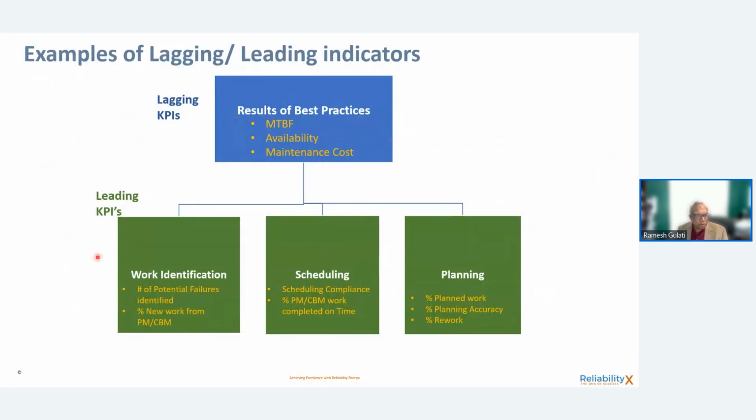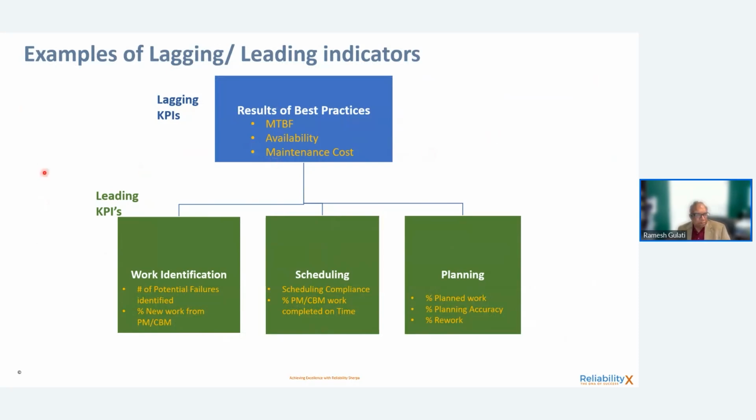Leading indicators: number of potential failures identified, new work from PM or CBM, or schedule compliance, the percent of PM work we completed on time. If we do this, the higher that PM compliance rate, our availability or MTBF will be higher. Planning: percent planned work, percent accuracy. These are examples of leading KPIs, and those are examples of the results, lagging KPIs.